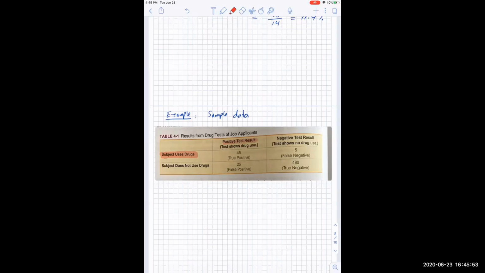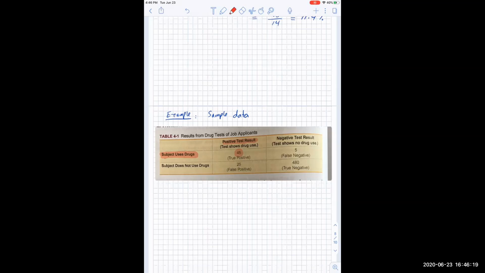This uses drugs and positive test result, which means the test shows drug use: 45. So we have 45 applicants with a positive test, true positive.